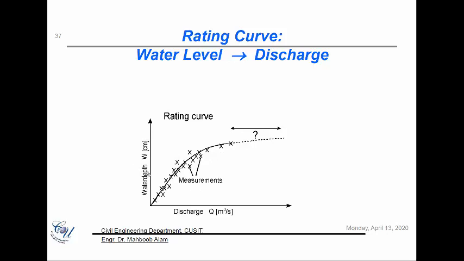You have a rating curve between water depth and discharge, and this is then a guideline for that particular area for measuring the discharge. You do not have to go all the time and calculate the velocities. If you have normal flow going on, then we can just simply measure the depth, come back to this curve and calculate the discharge.